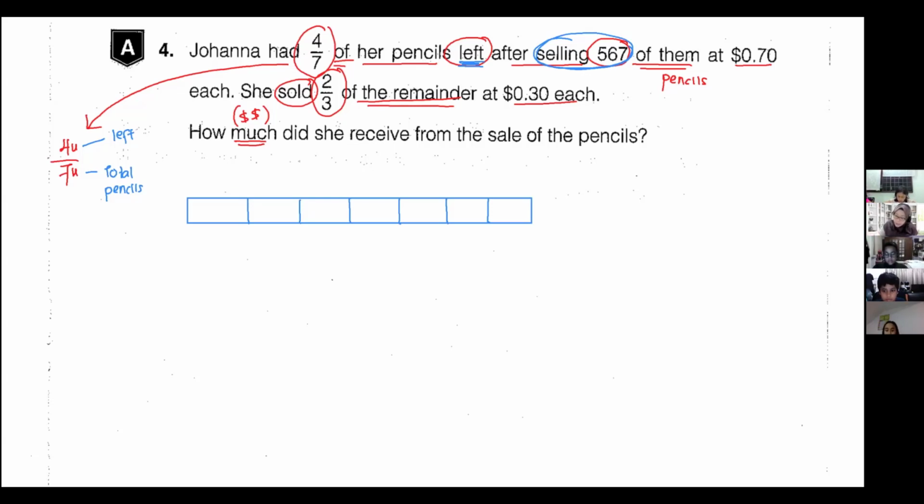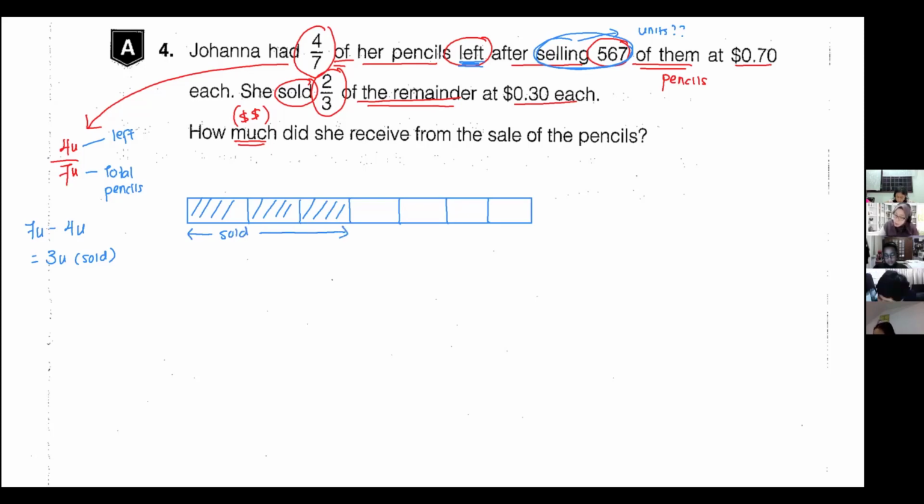The sold part is what I do not know. How many units is this? I want to find out. How do I find out? I can find out via this fraction. Since my total pencil is 7 units and I have 4 units left, if I minus them, I will get those that were sold. Right? So the sold will be 3 units. 1, 2, 3. These were sold.